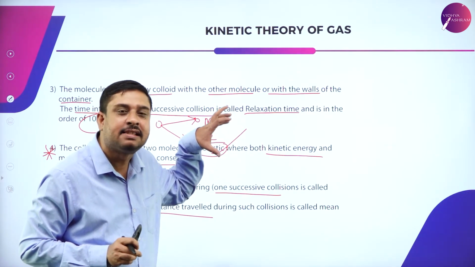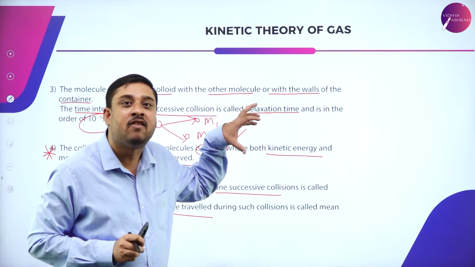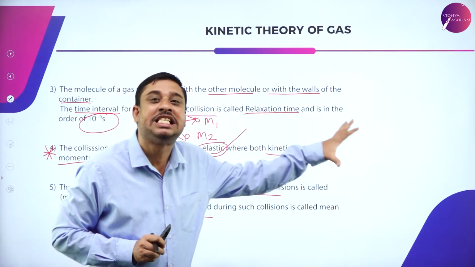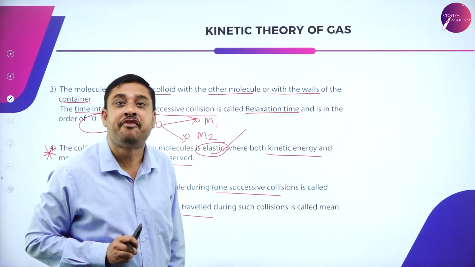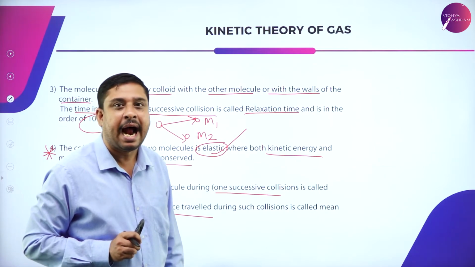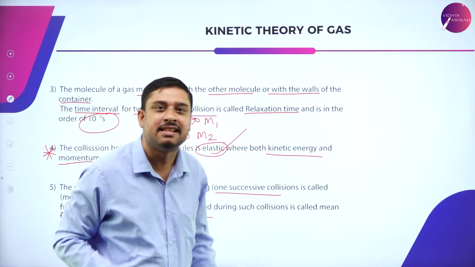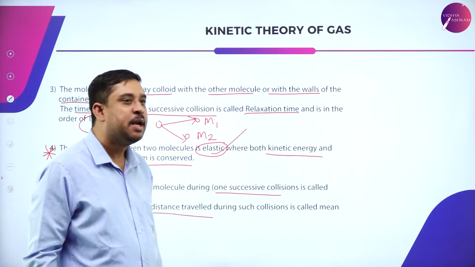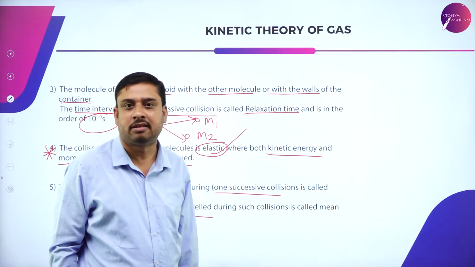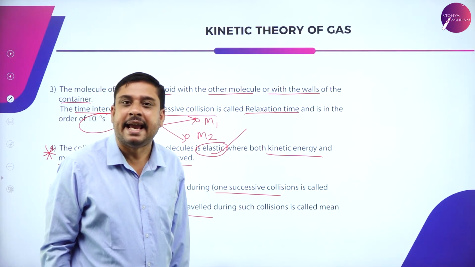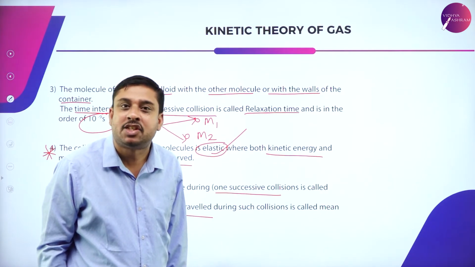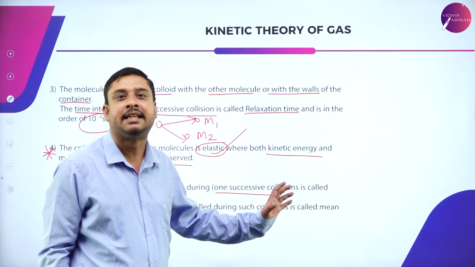Whatever distance the molecule covers between collisions is a free path, and the average distance is what is called the mean free path. And these are the postulates of kinetic theory.